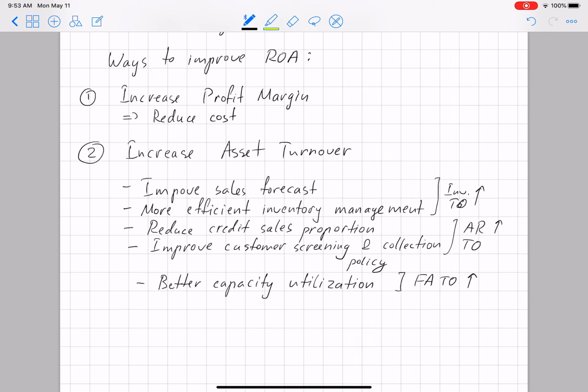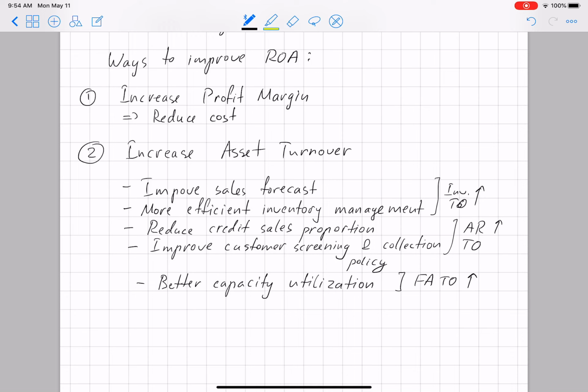So we talked about it before. Better capacity utilization would mean that you simply investigate your capacity and see if you have some idle capacity. So what you're gonna do, you could try to load those plants and equipment with more sales, but if you cannot simply do it, then just get rid of those extra assets. You don't need them, divest them, sell them somewhere in the market.